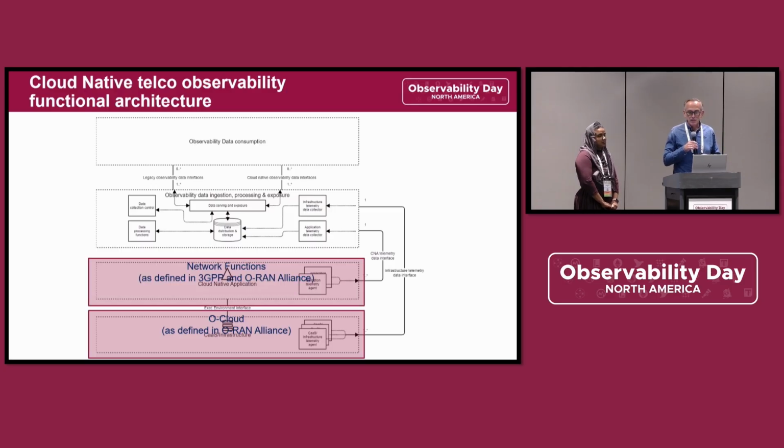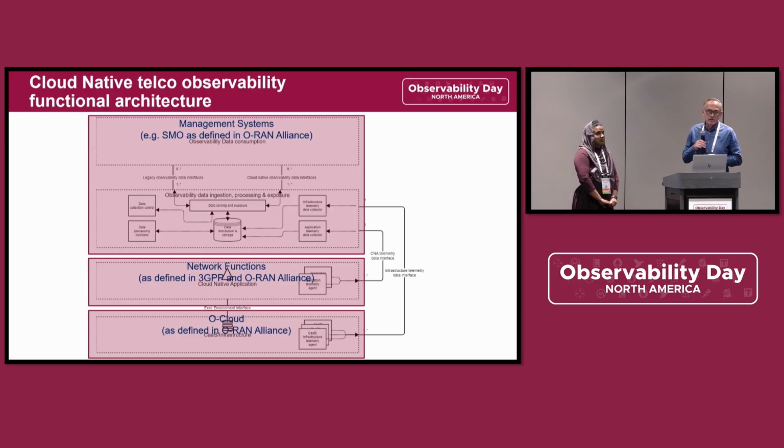The applications are specified, depending on which type of applications you have, either in the O-RAN Alliance or in the 3GPP standardization. And then, of course, the upper layers are the management systems. Lately, we have, for example, a so-called SMO, which is also specified in the O-RAN Alliance, which will fit to those kinds of capabilities in the management stack.